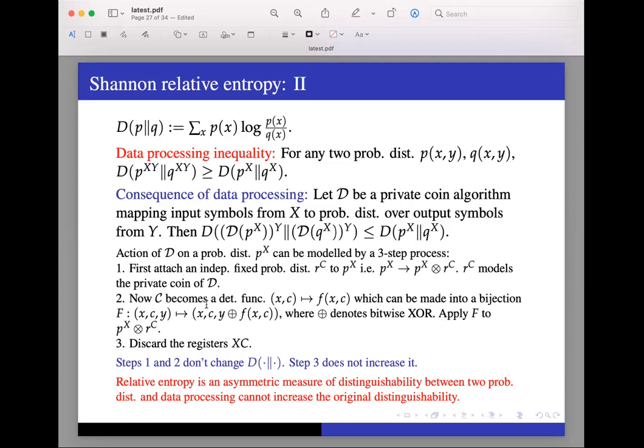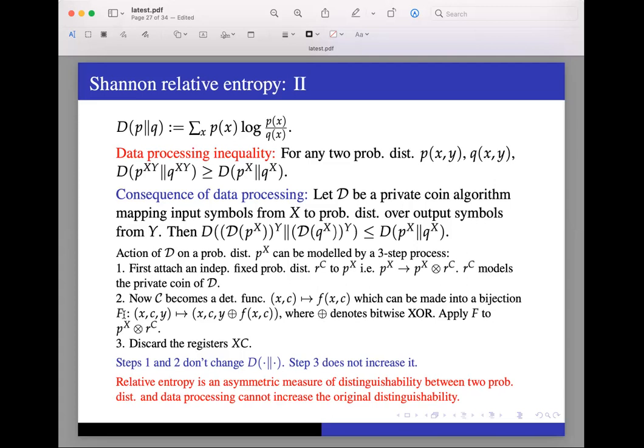Steps 1 and 2, you can easily verify, don't change the relative entropy. Remember, whether I start off with Px or Qx, I attach the same Rc, so that does not change the relative entropy. Attaching all zeros to Y also does not change the relative entropy.